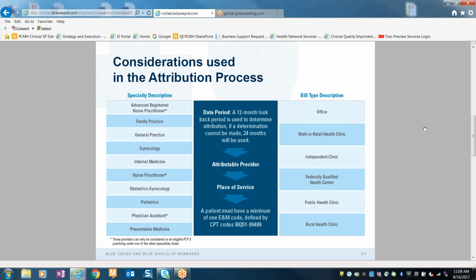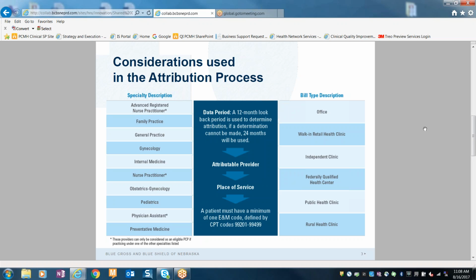It needs to be a doctor that has a specialty description within our credentialing system of one of those in the left column. They need to provide one of those CPT codes within that range, and the service needs to be provided at one of the types of locations in the right-hand column.